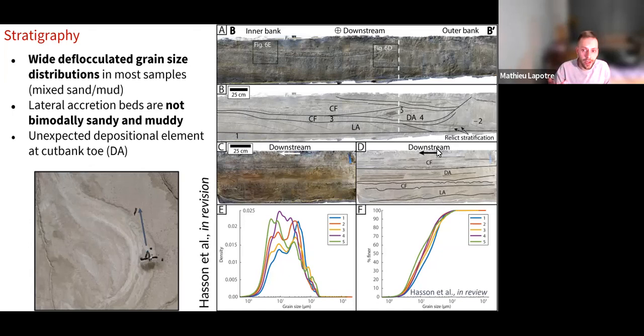The reason why this is surprising is because obviously the toe of the cut bank is generally thought of as a region of erosion rather than deposition. However, similar depositional elements were found to line many outer banks in the modern channel and multiple river systems in the Great Basin. So we know that these are actually pretty common features.